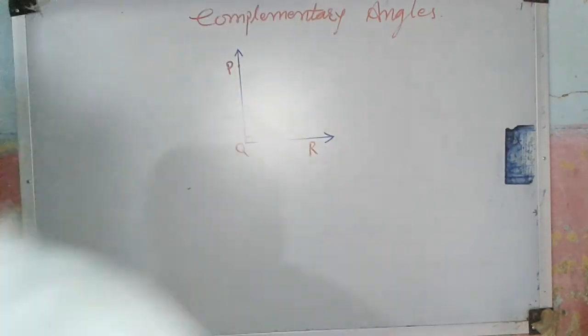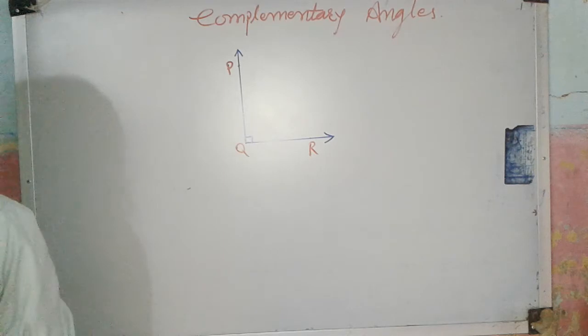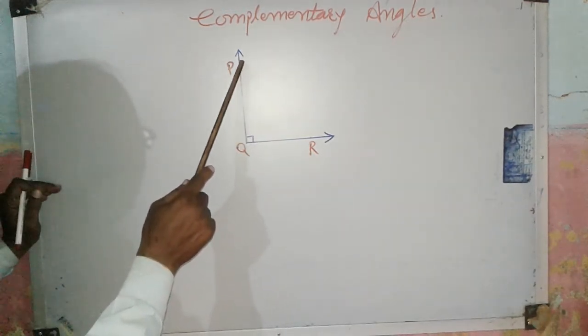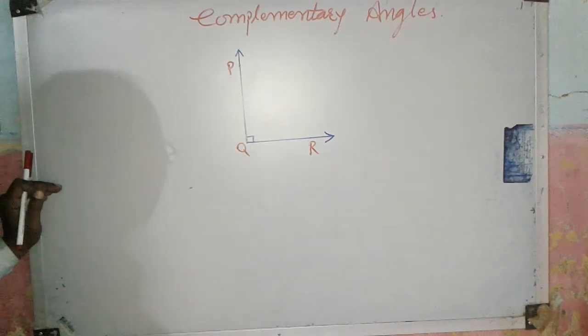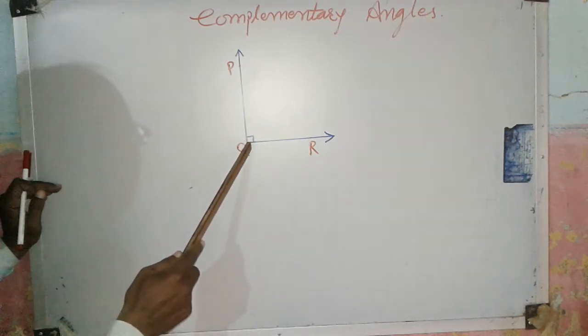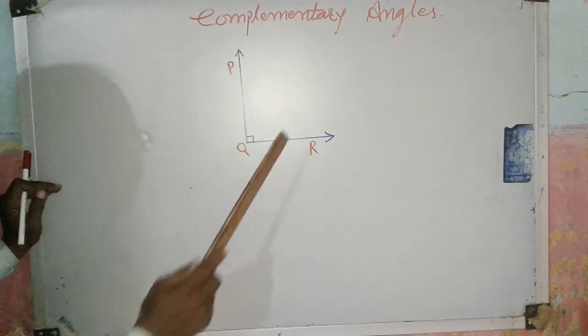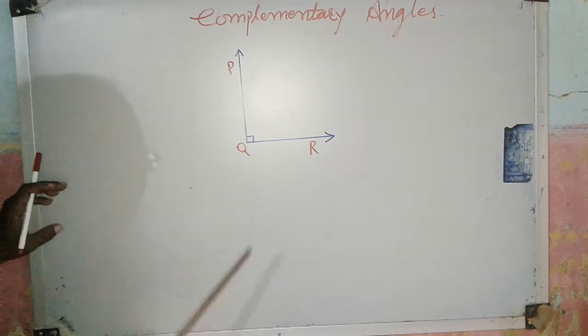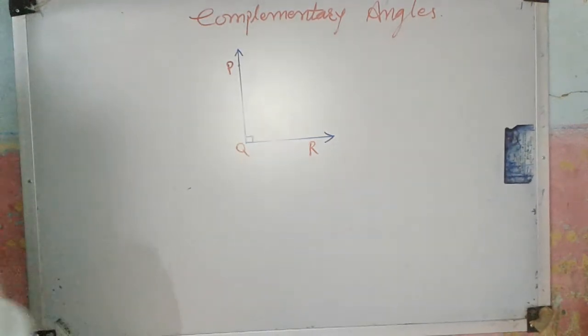Now see here. Angle PQR is a right angle. Angle Q is a right angle, and you know that a right angle is 90 degrees.